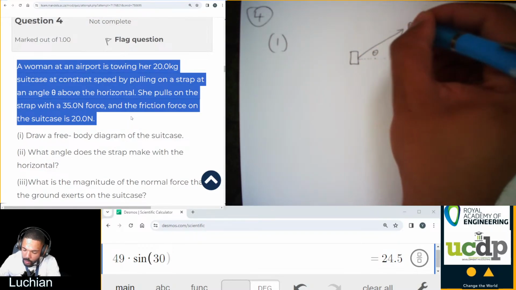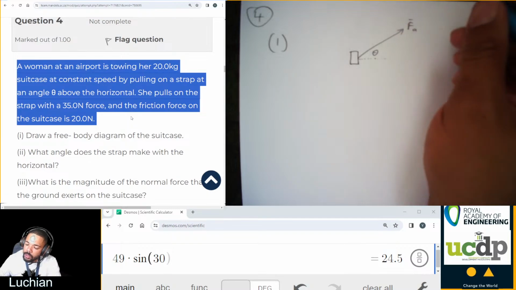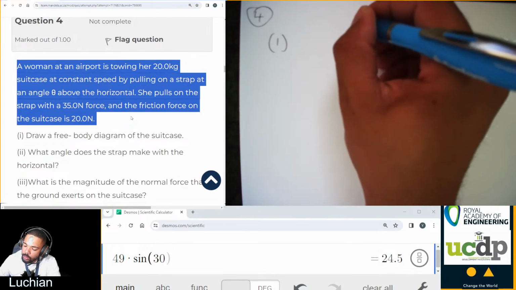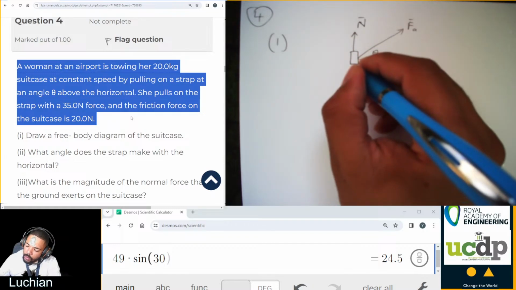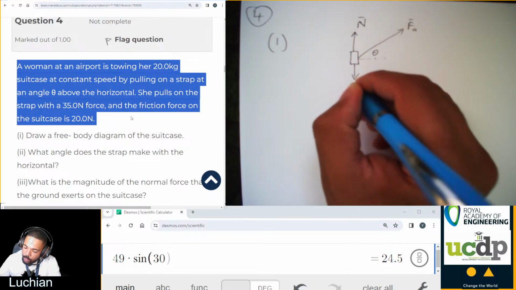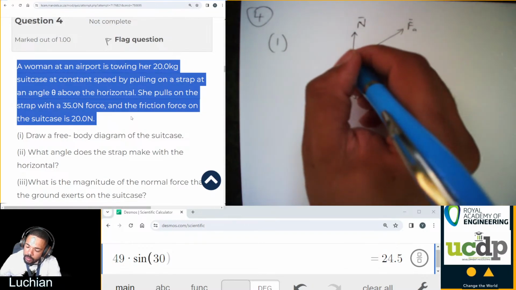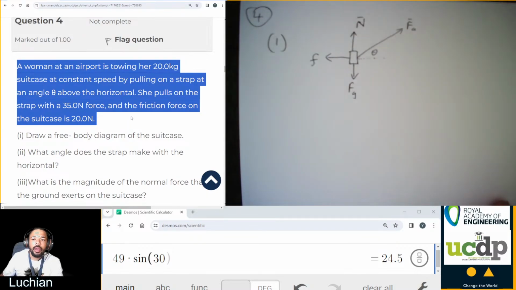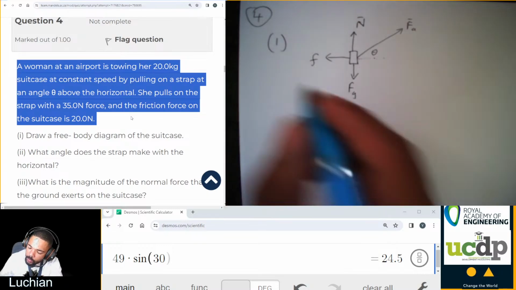So this is the force applied by the person pulling it. Then it has a normal force. It also has its own weight, so the force of gravity. And then it has a force of friction, pulling it backwards. That is the free body diagram of this suitcase.